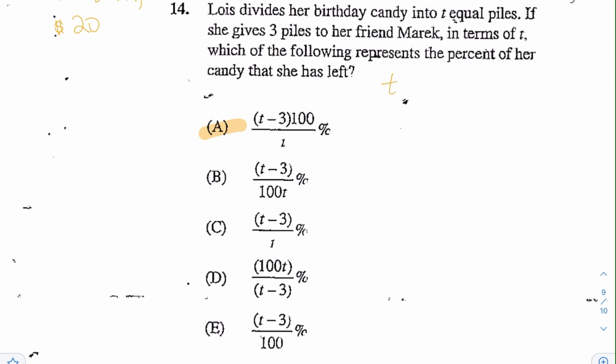So she has T piles, and now she gave away 3. So now she only has T minus 3 piles left. All right, so this is her part. Her whole, she used to have T piles.